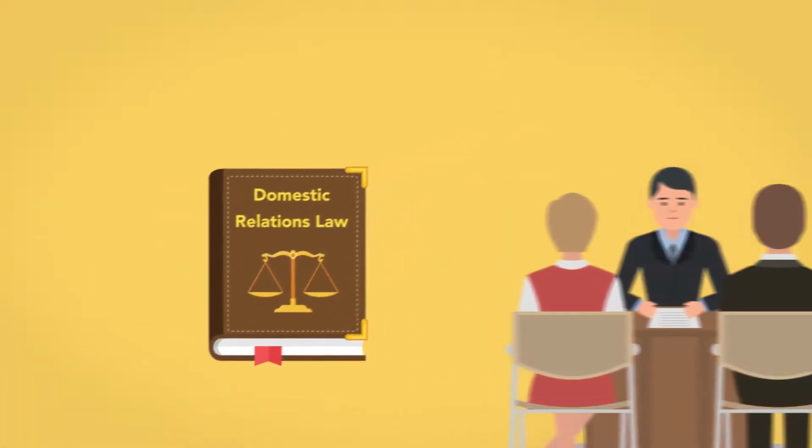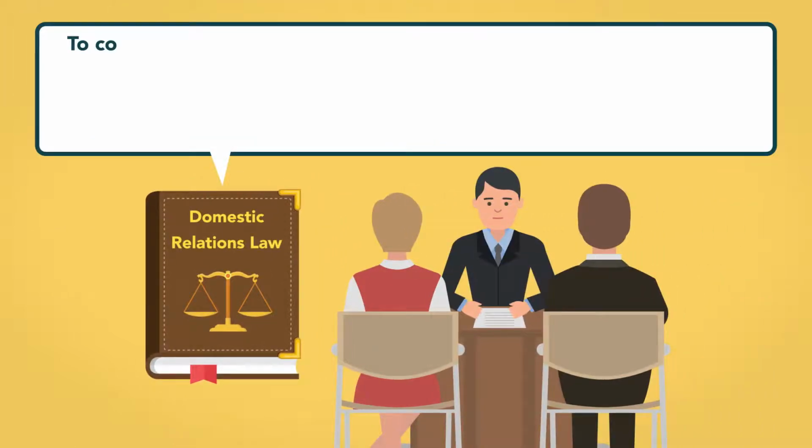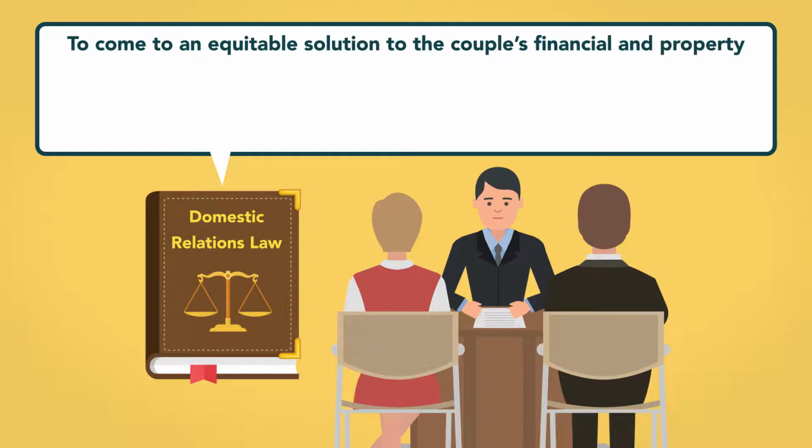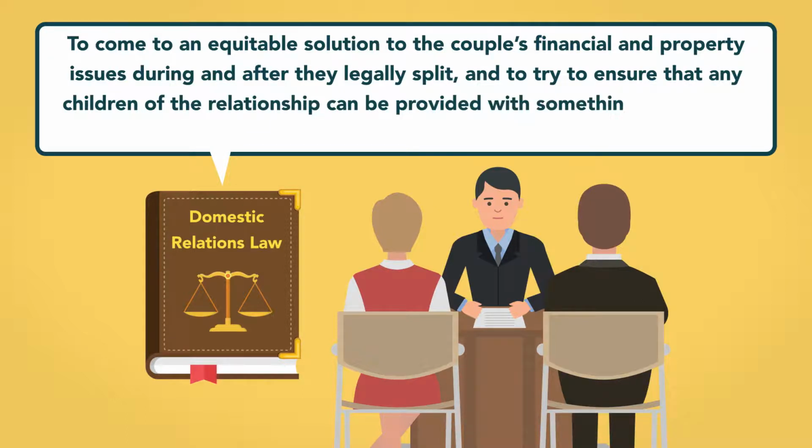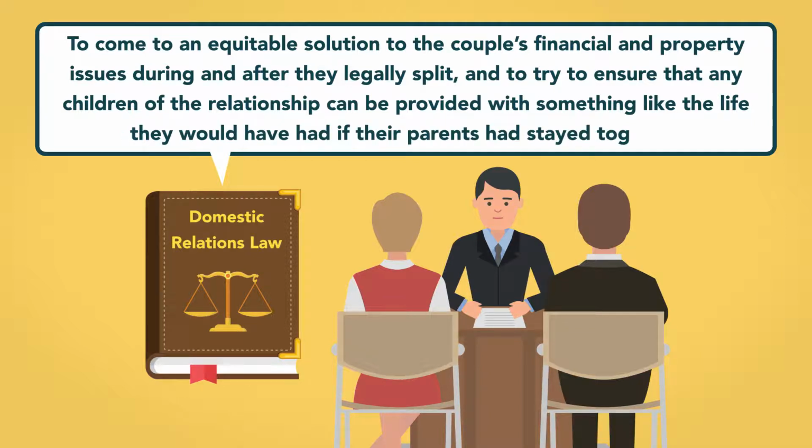The general purpose of domestic relations law is to come to an equitable solution to the couple's financial and property issues during and after they legally split, and to try to ensure that any children of the relationship can be provided with something like the life they would have had if their parents had stayed together.